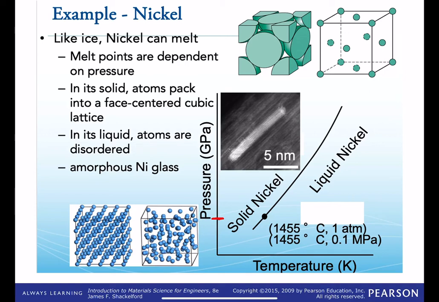At a given pressure of around 1 atmosphere, we might start at room temperature, around 300 K or so. As we warm the material, we'd eventually take solid nickel and pass it into its liquid state. So we would cross the phase boundary for solid nickel and cross into its liquid state.